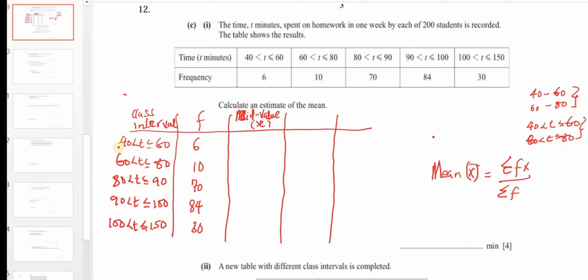The mid value can be calculated by adding the lower class limit plus the upper class limit and dividing by 2 for each. So for the first class, 40 plus 60, divided by 2: 100 divided by 2, that's 50. Then 60 plus 80 divided by 2, that's 70.